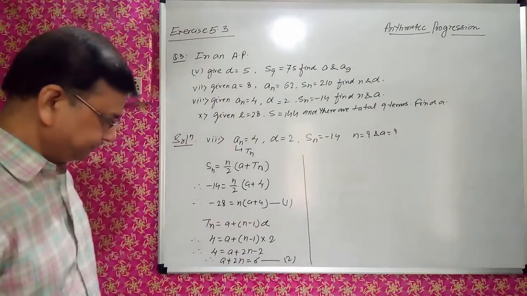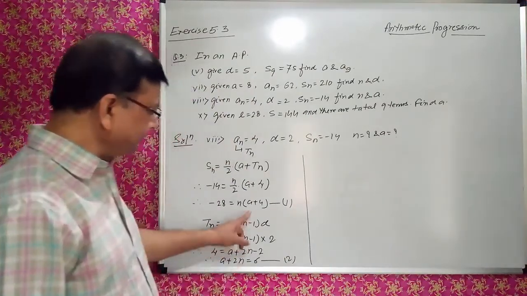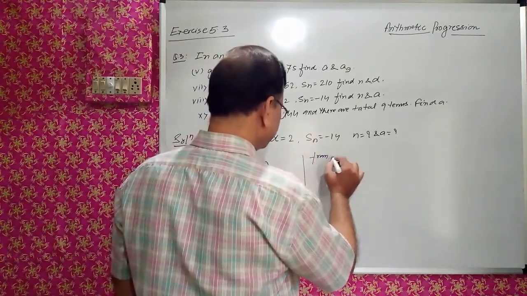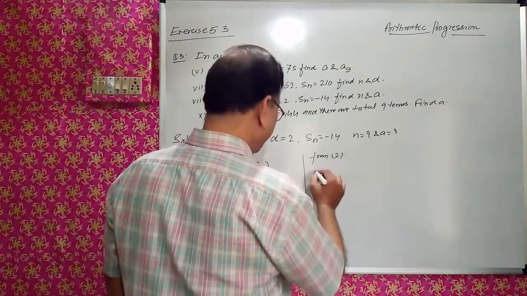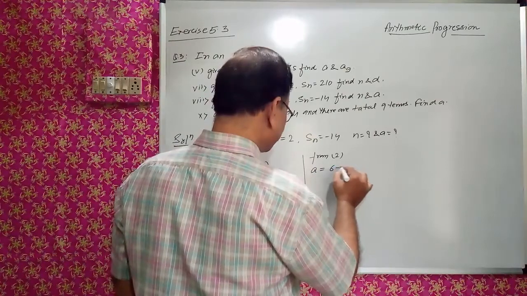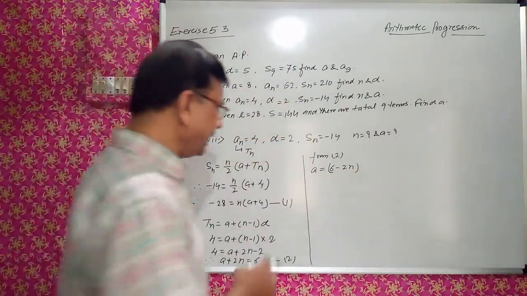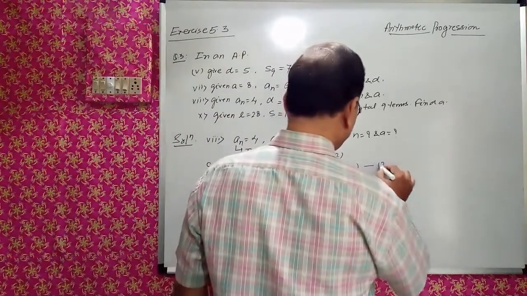Now from 2, we will find the value of a and put it over here. From 2, a is equal to 6 minus 2n. We got the value of a, and let this equation be 3.